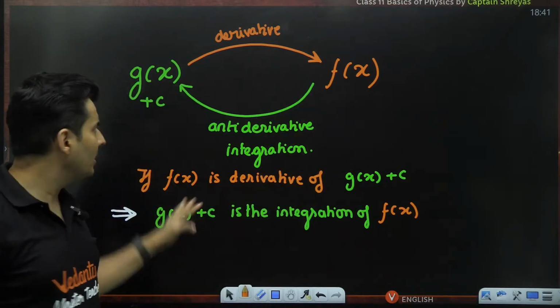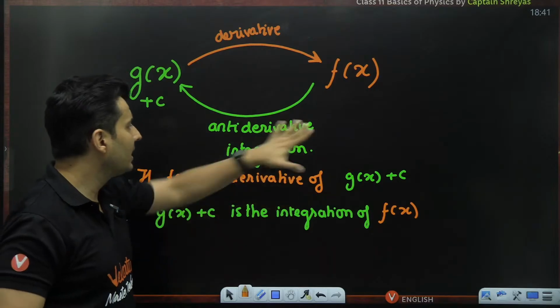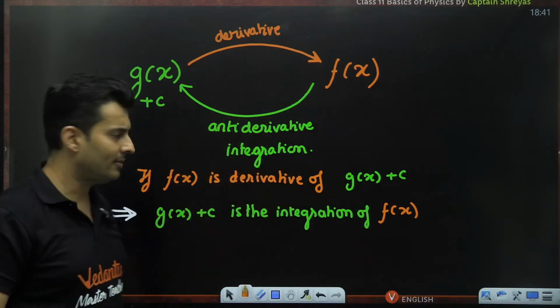Is this absolutely clear? g of x plus c is the integration or the antiderivative of f of x.